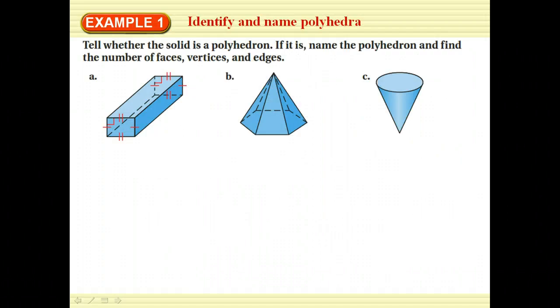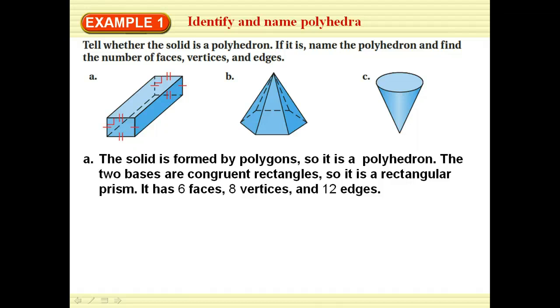So tell whether the solid is a polyhedron. If it is, name the polyhedron and find the number of faces, vertices, and edges. So A is a solid formed by all polygons, so it is a polyhedron. The two bases are congruent rectangles, the bottom and the top. So it is a rectangular prism.